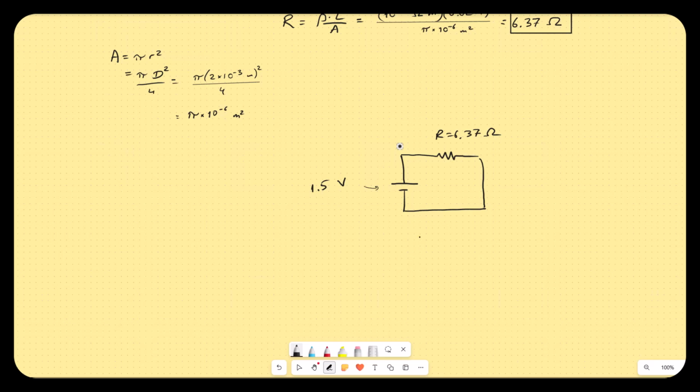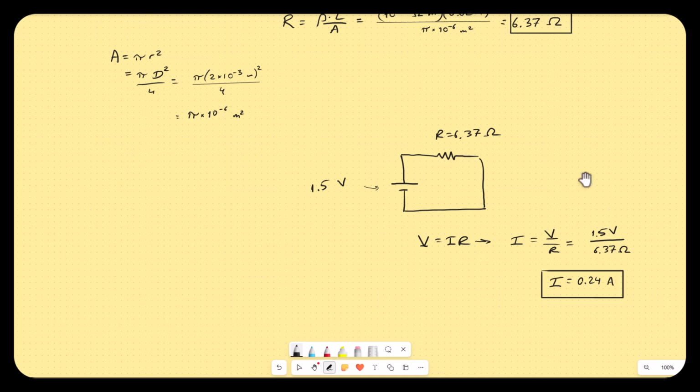If I want to find the current, I'm going to say my voltage is I times R, so my current is voltage over R, which is 1.5 volts over 6.37 ohms. My current works out to be 0.24 amps. That's really the extent of how this works.